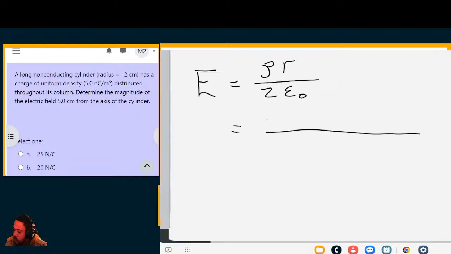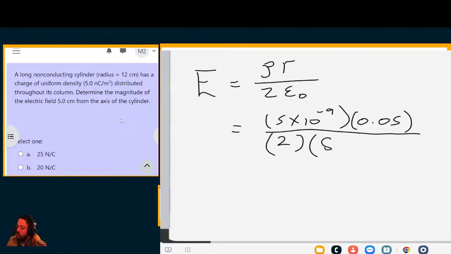Rho is equal to 5 times 10 to the negative 9, that is 5 nanocoulomb per cubic meter, the volume charge density, multiplied by the distance from the center, which in this case is 0.05, we use meters, divided by 2 times the permittivity of free space, 8.854 times 10 to the negative 12.